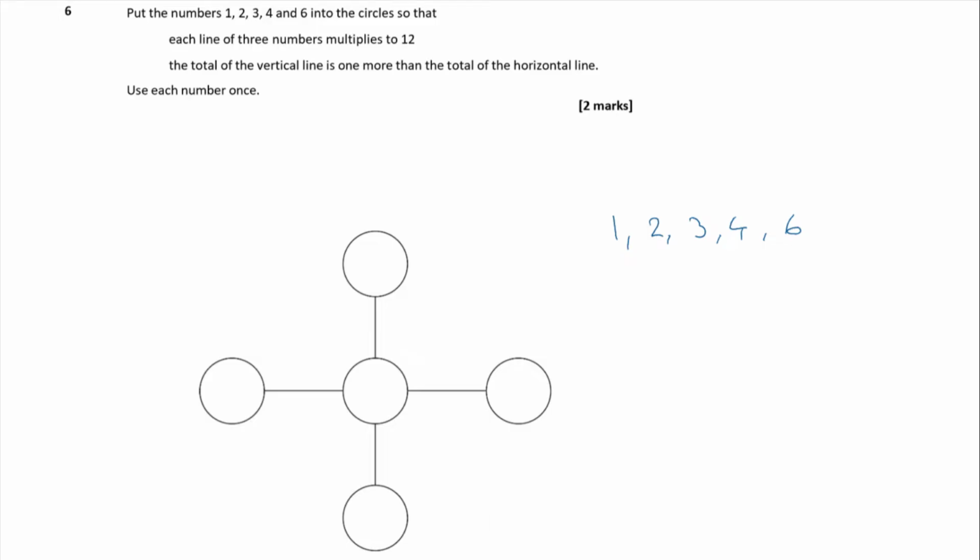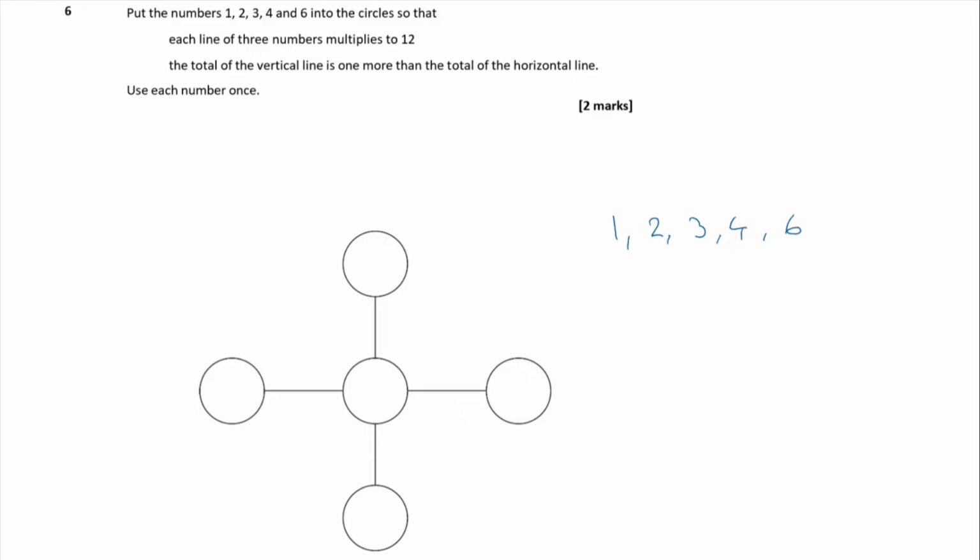Now my first thought was that it was probably the 3 that went in the middle there, but I'm thinking that isn't going to be right actually. I'm throwing that idea away in the bin. I think instead I'm looking at what numbers I can pair up that are going to multiply to give me the same number, and then there's going to be one number left over that I'm going to put in the middle. I think that's my new plan.